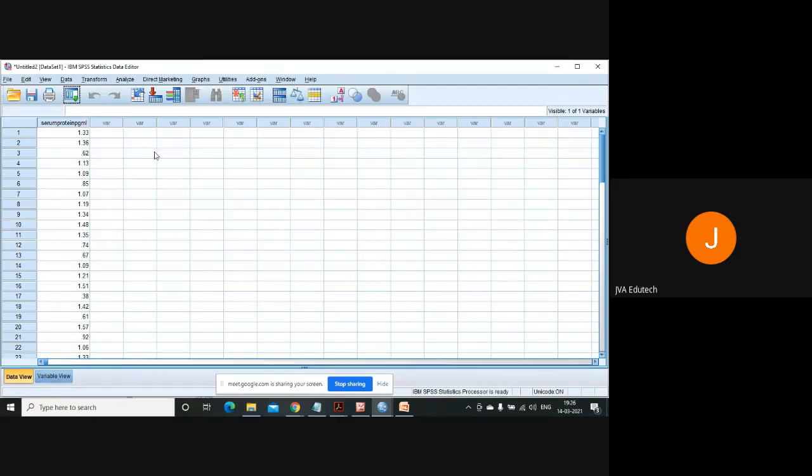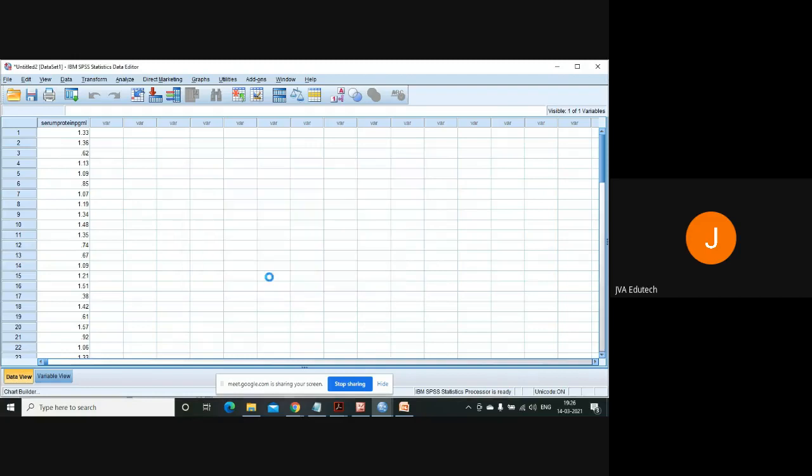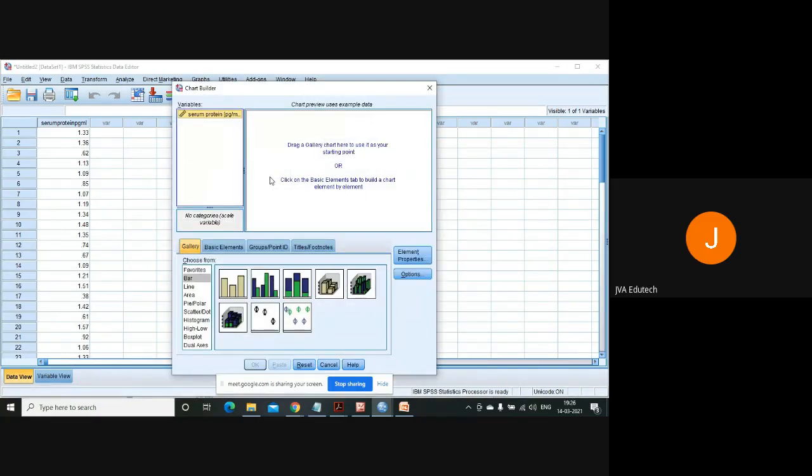In Graphs, you have this chart builder, you can use it. If you select this chart builder, you will see different options here. There is a gallery.